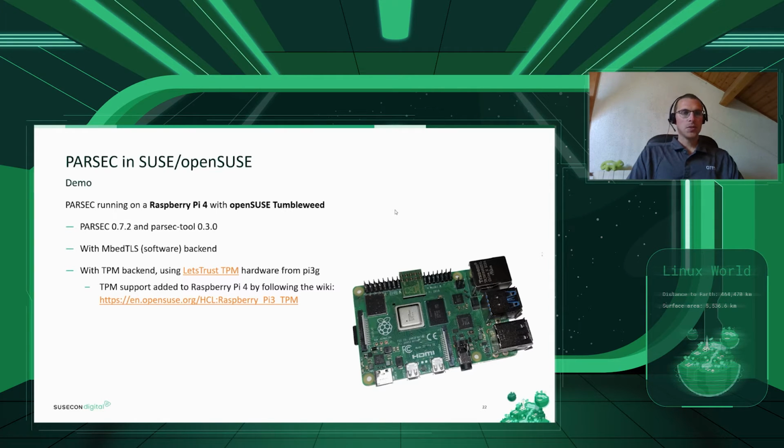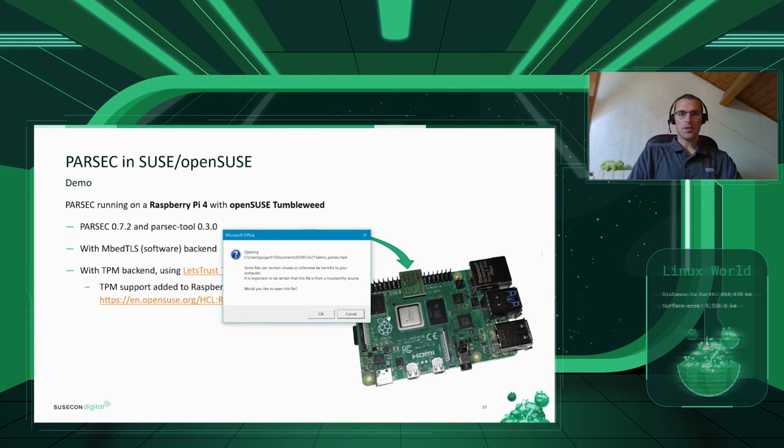It will show the embed TLS backend, so the software backend, but also the TPM backend, because we have a Let's Trust TPM hardware from Pi3G, which is right there. And if you want to add TPM support for your Raspberry Pi 4 or Raspberry Pi 3, you can go to the openSUSE wiki and check out this link, and you have all you need to know to get it up and running.